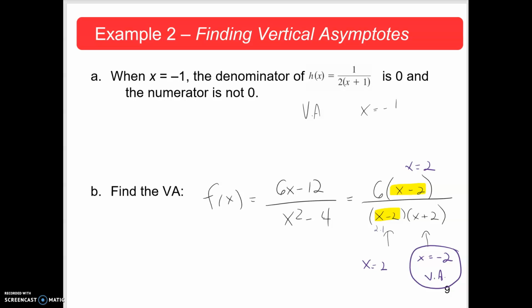What happens? 2.1 minus 2 is 0.1. So wait a minute, I'm dividing by a small number. Isn't that asymptotic behavior? But it's not, because as you get close to 2, you have that same small number up here, right? So those are really canceling each other out, and you end up with a hole there, which you might remember from pre-calculus. So you only have one vertical asymptote.